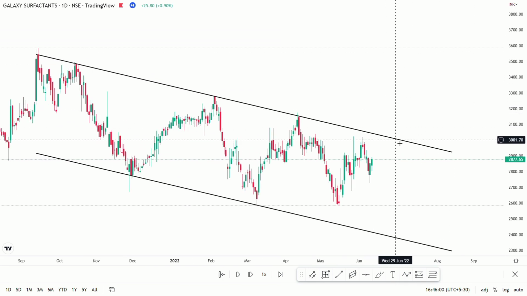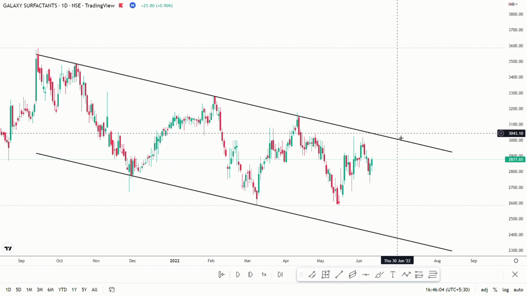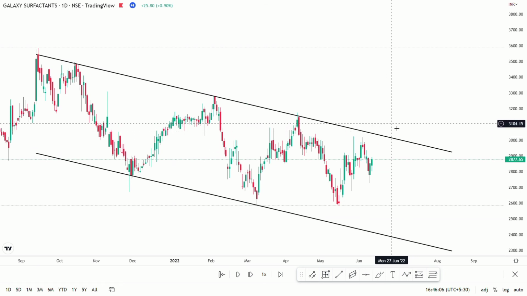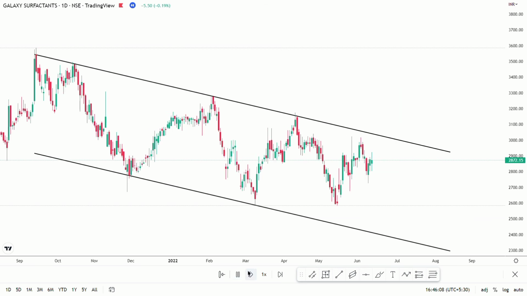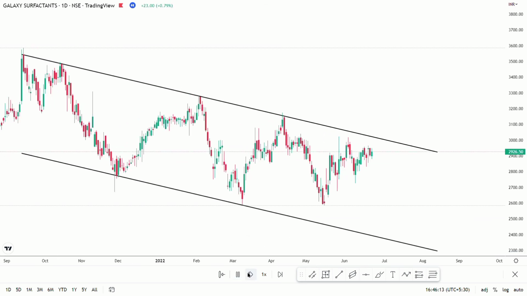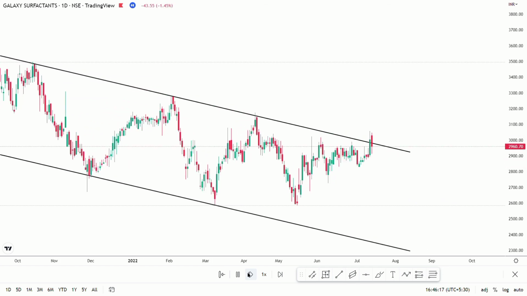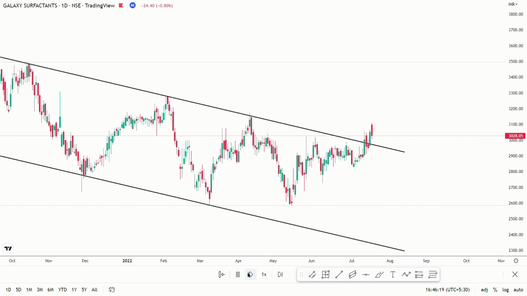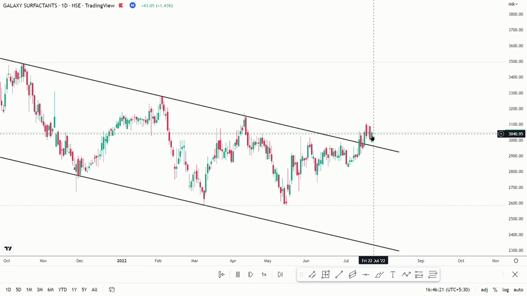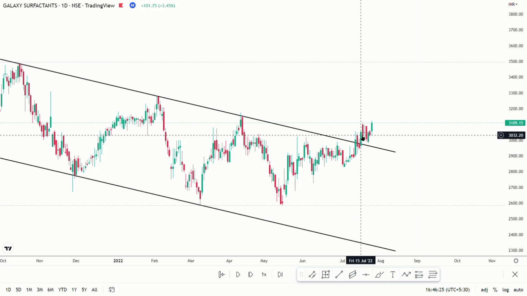So our simple planning is, at whichever point this particular channel pattern breaks, our entry is triggered. Okay, let's see. As of now it has been consolidating in this channel pattern. Okay, this is the point where our entry has triggered.